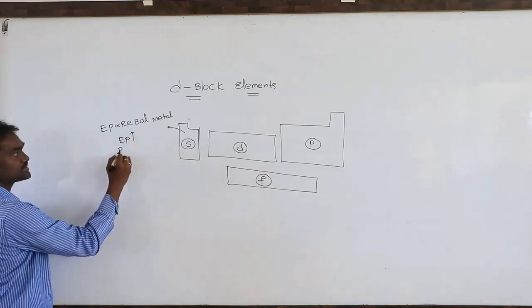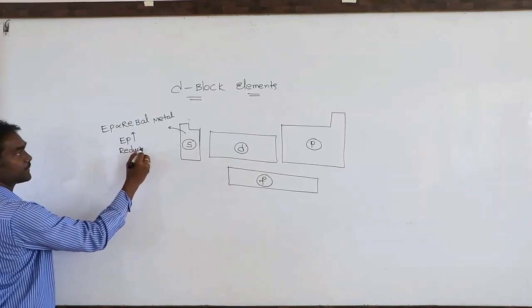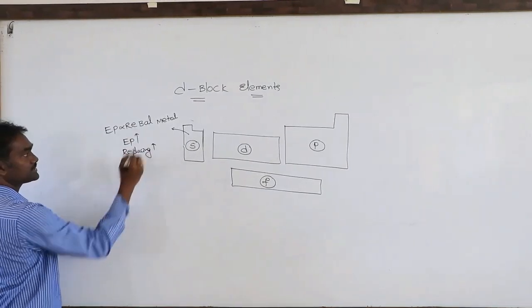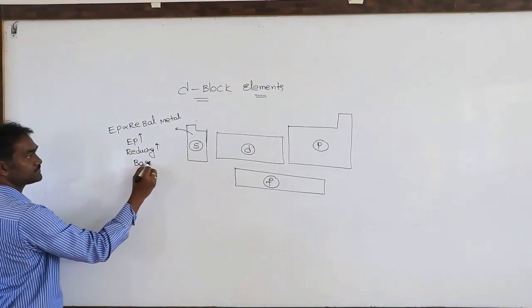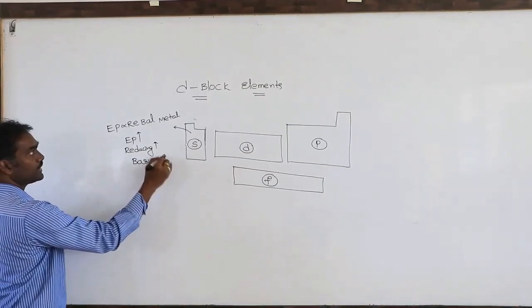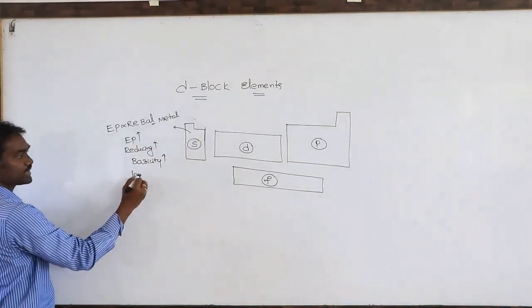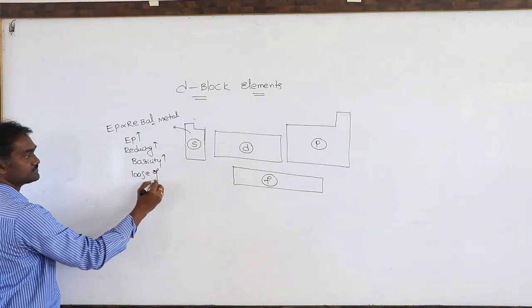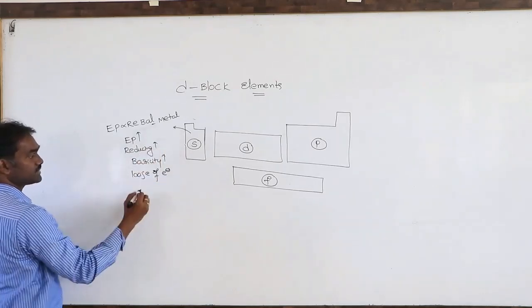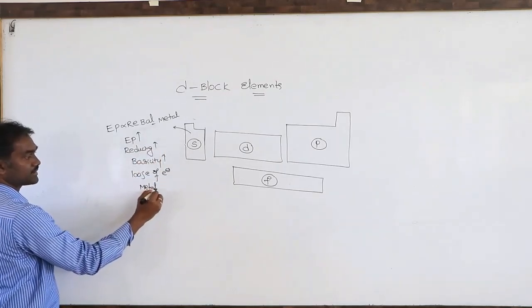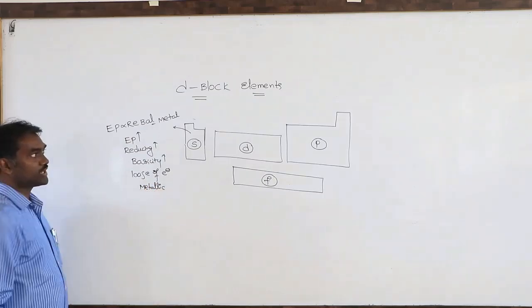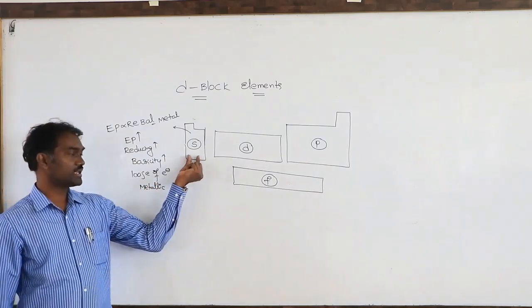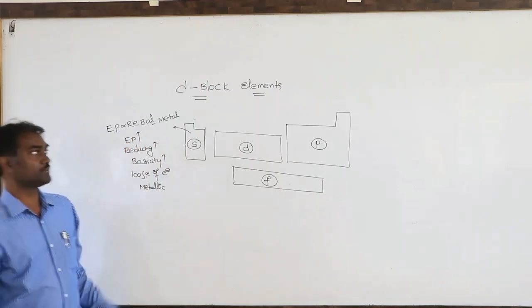Next, Re means reducing nature. Next, basicity. Next, L means loss of electrons. Next, they have metallic character. So in our periodic table, S block element properties are EP Rebel Metal.